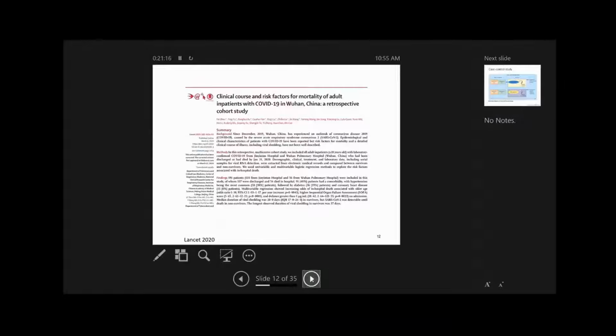You could adjust for confounding, and this gives you some sense of the likely risk factors that will result in a better outcome versus a bad outcome if you had COVID-19. Classic cohort study.